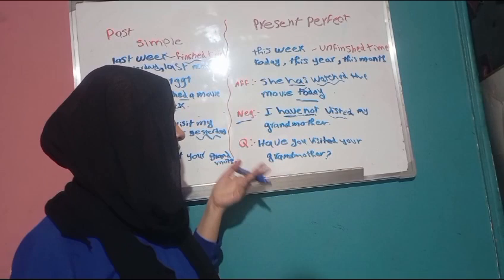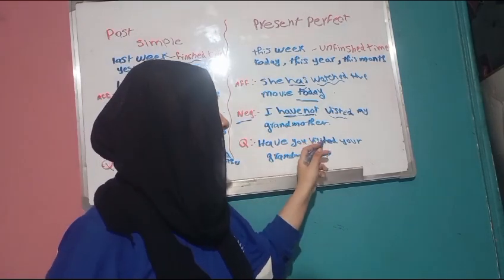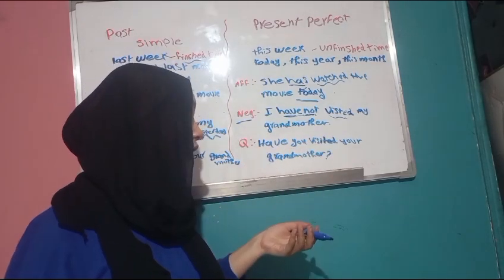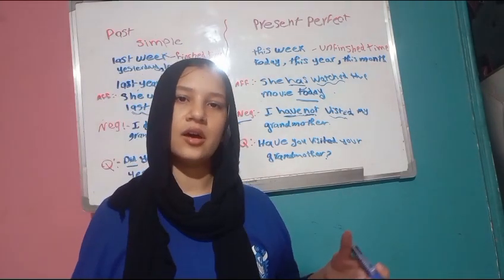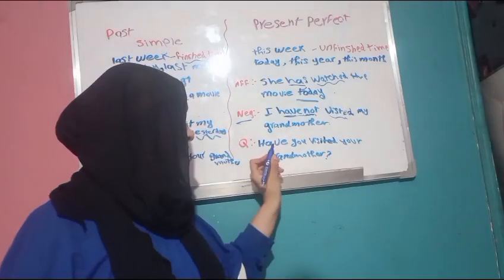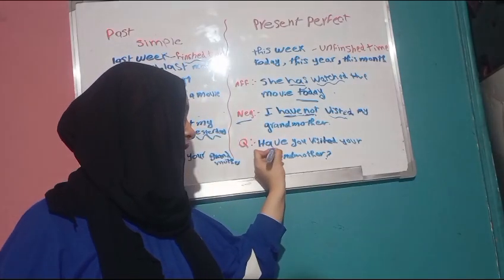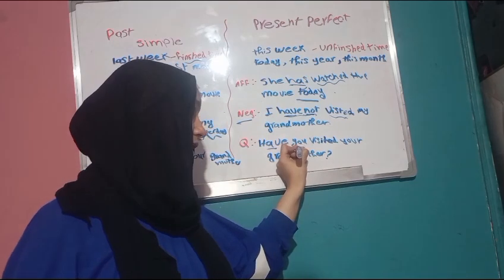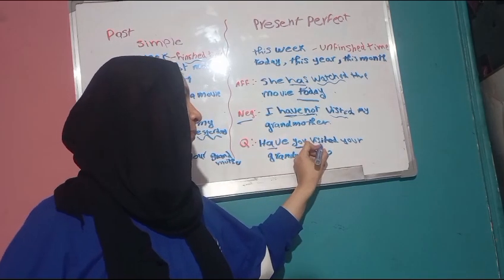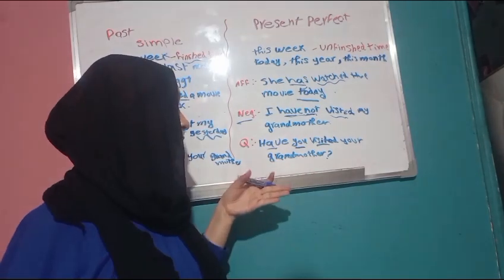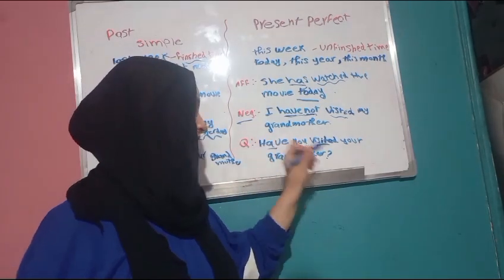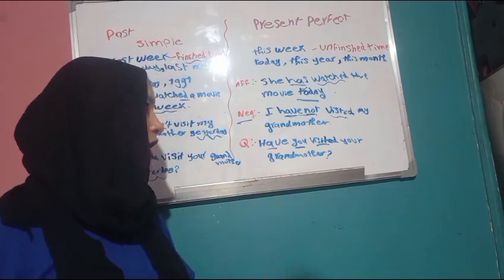But right now: Have you visited your grandmother? Actually, when we ask in the present perfect, we put have, then the subject, and then the main verb or the past participle.